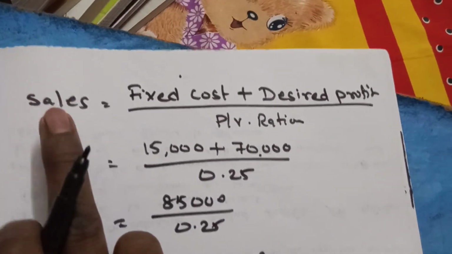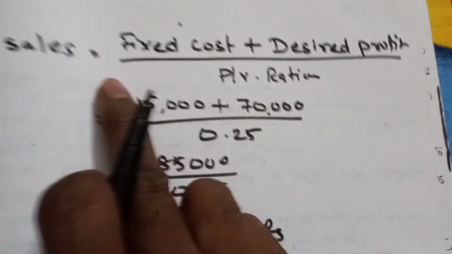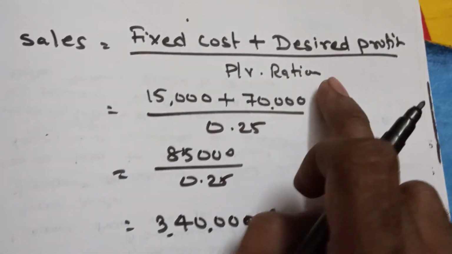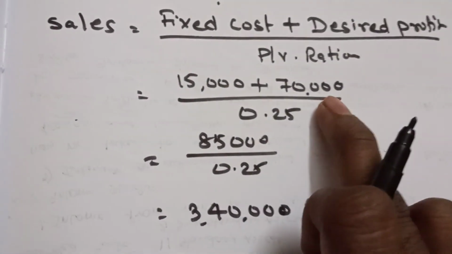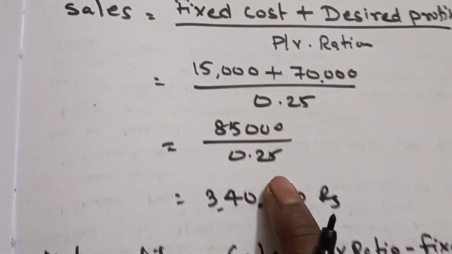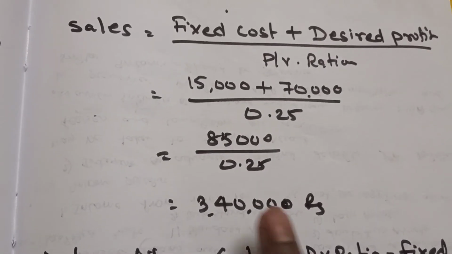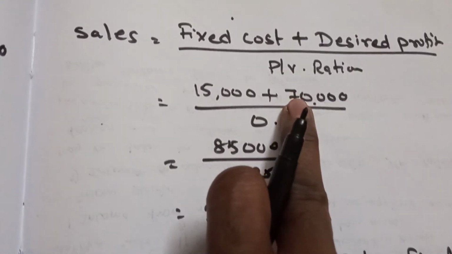Next question is, how much sales do we need to get a profit of rupees 70,000? The formula is fixed cost plus desired profit, divided by PV ratio. So we get 3,40,000. If we sell goods for rupees 3,40,000, we will get a profit of 70,000.